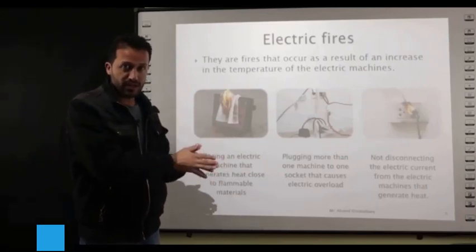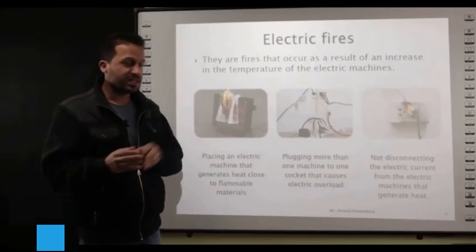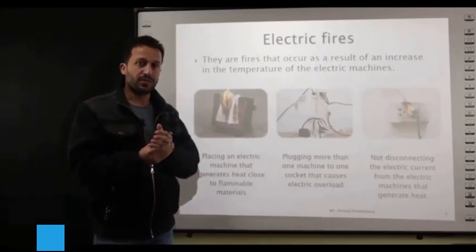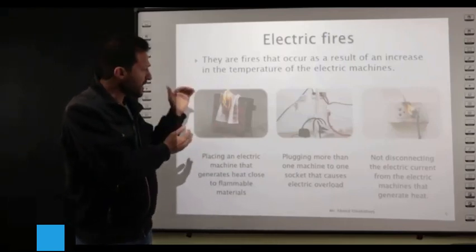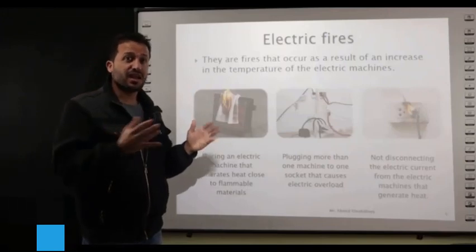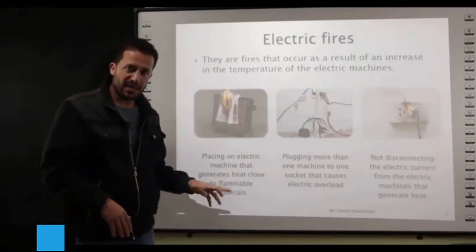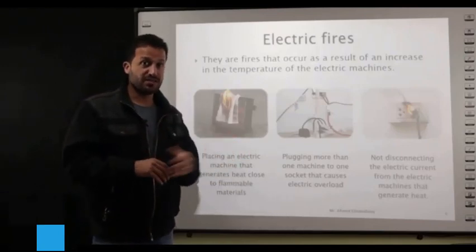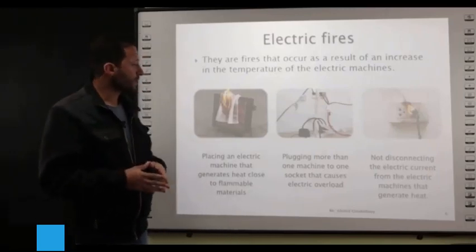This is wrong. Don't put the wet clothes near the electric heater to dry them, because maybe after it dries, its temperature will increase, causing electric fires. And flammable materials means materials that may burn by increasing their temperature, like clothes or paper or wood.